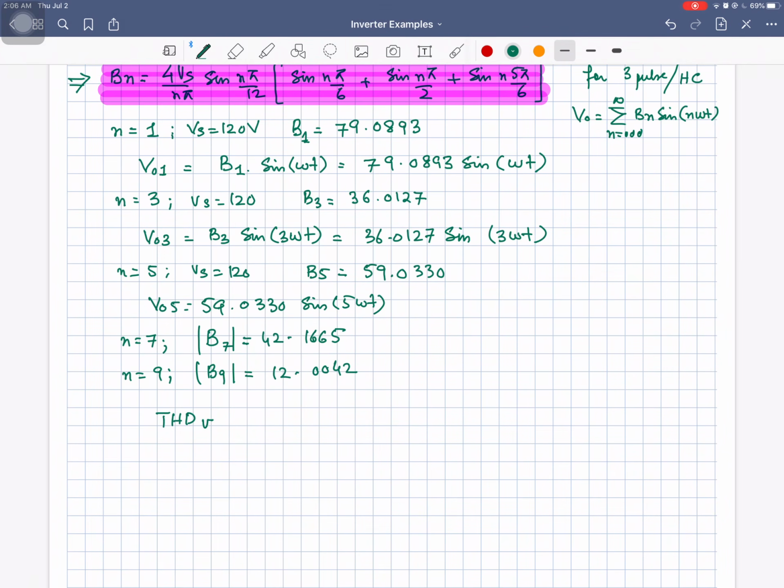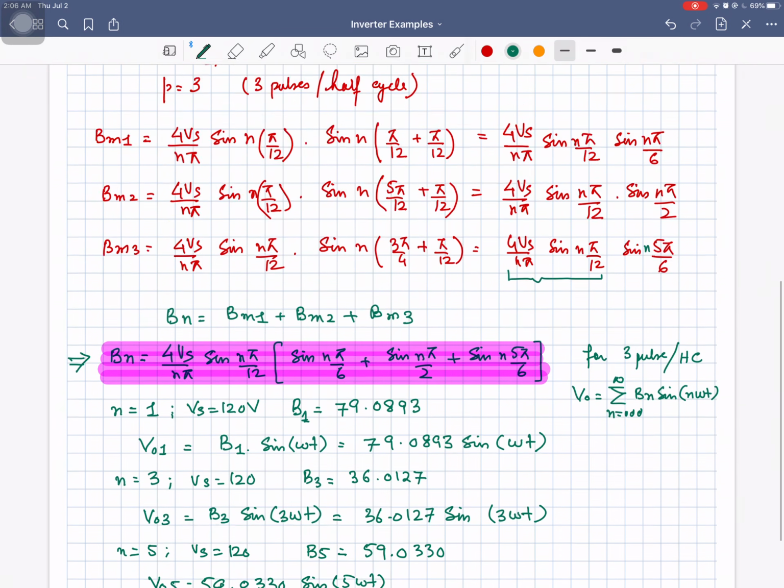THD is equal to the square root of the square of the total RMS value of the signal minus the fundamental component square, divided by the fundamental component. Okay, so you will get the THD in the voltage waveform.